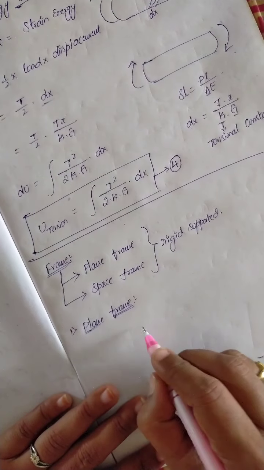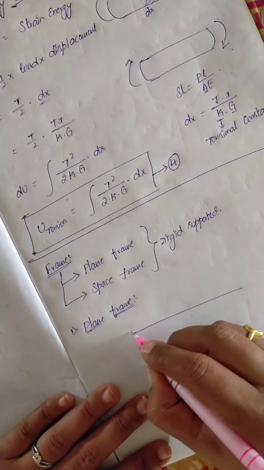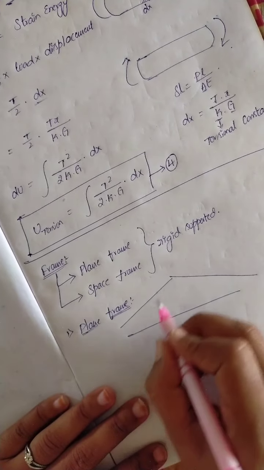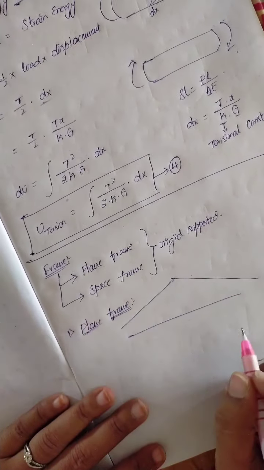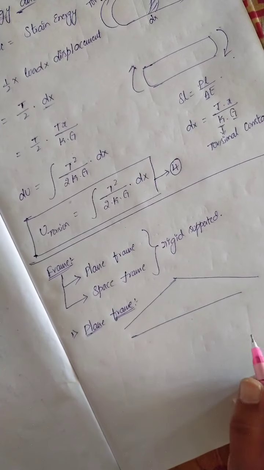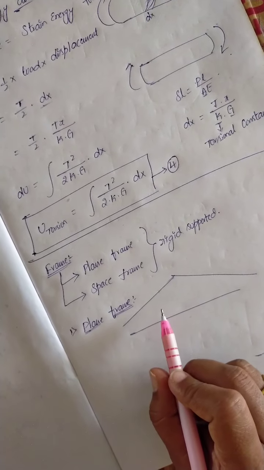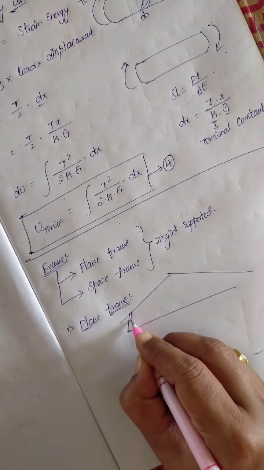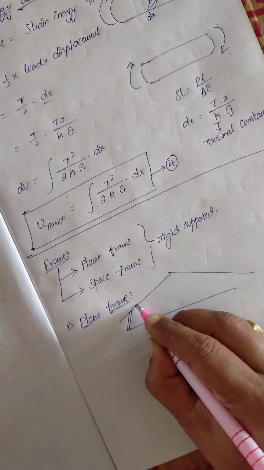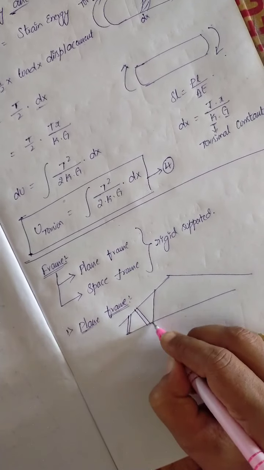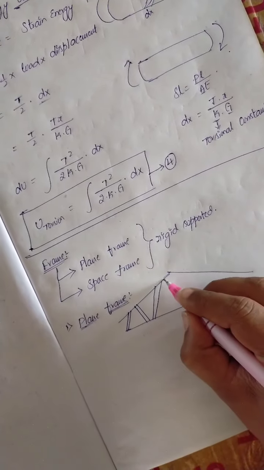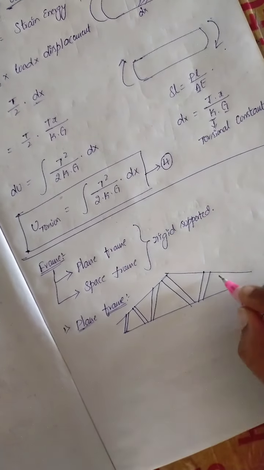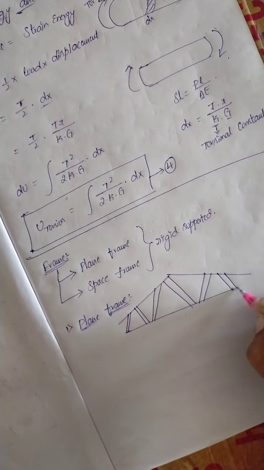For example, you take one member like this. These two parts I am going to give a proper structure by joining with some elements, these vertical ones.